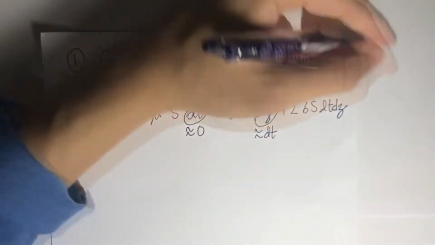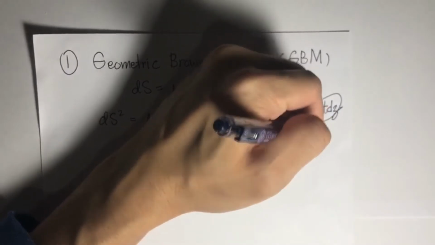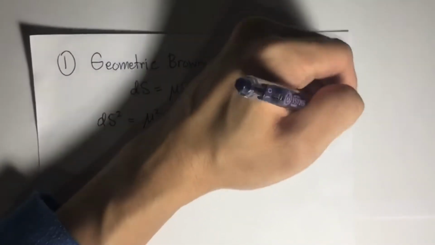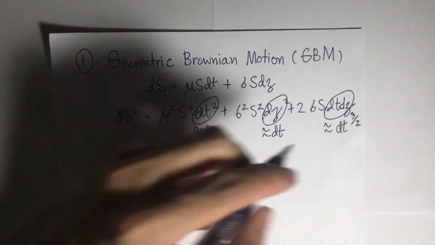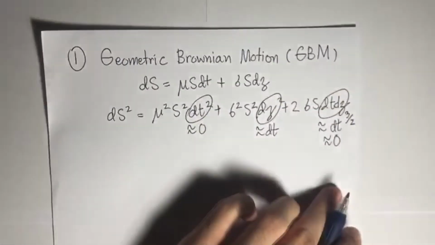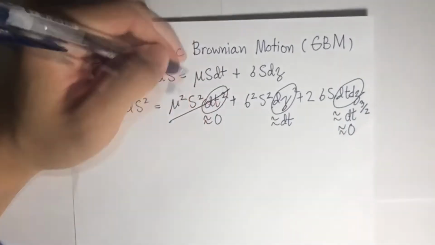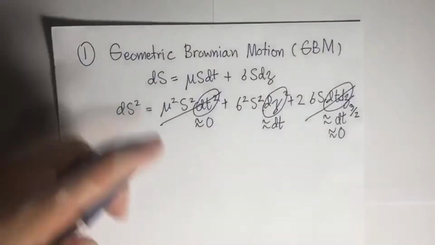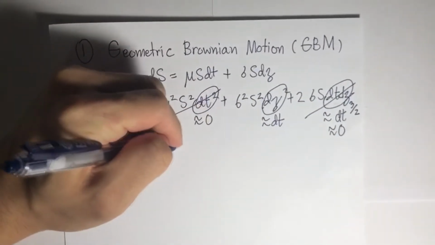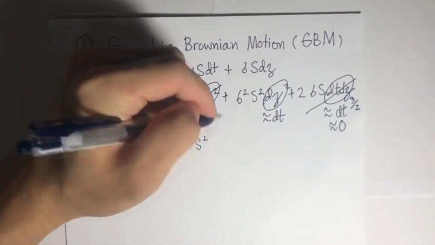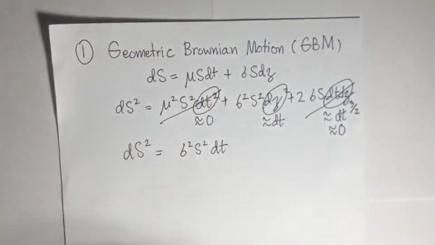And then for dt times dz, we see that it's approximately equal to dt to the power of 3/2, which is very small, approximately 0. Therefore, we can eliminate this one term and this one term, resulting in only one term, which is sigma squared, S squared, and dt.